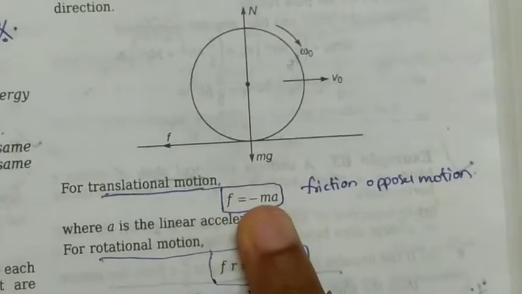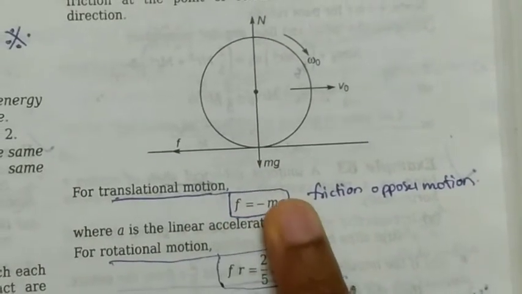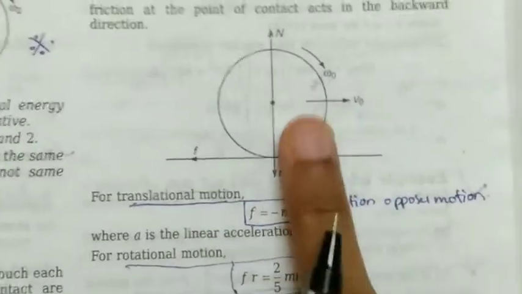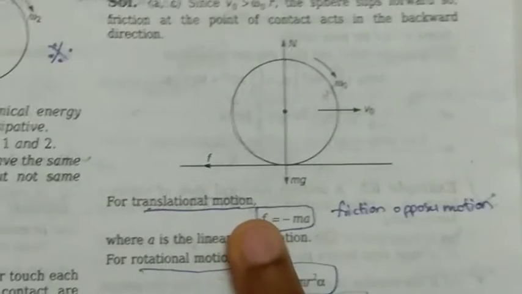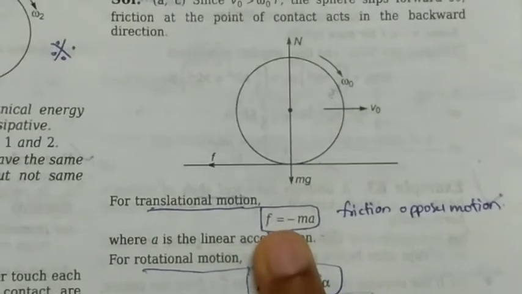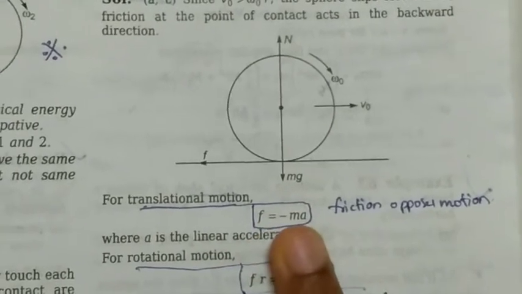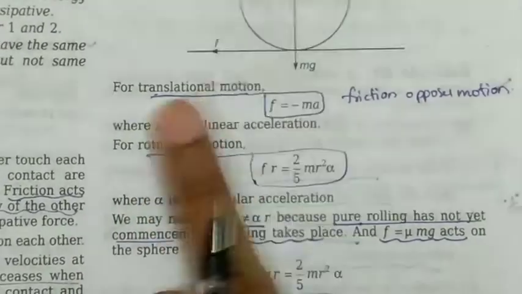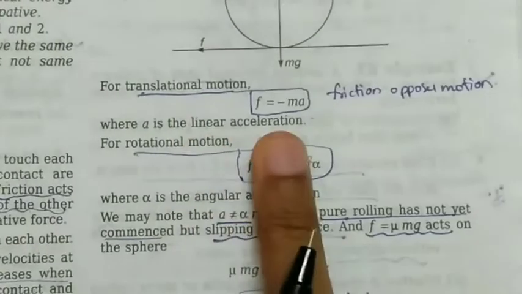So F is equal to minus ma, where a is the linear acceleration, and this is for translational motion.